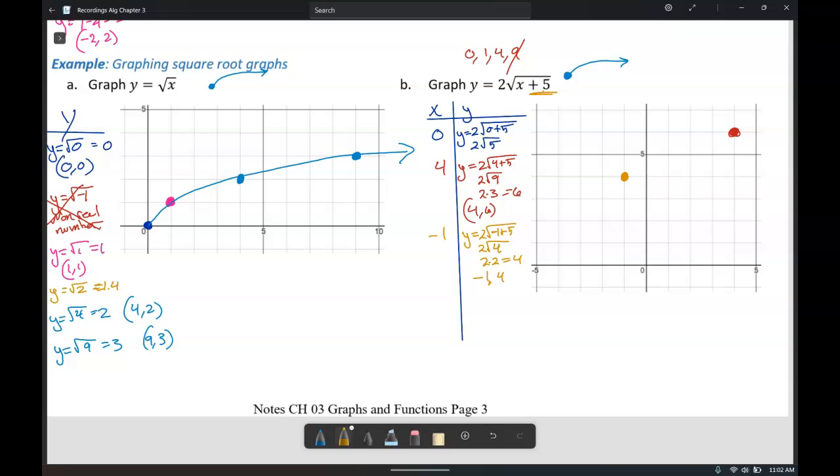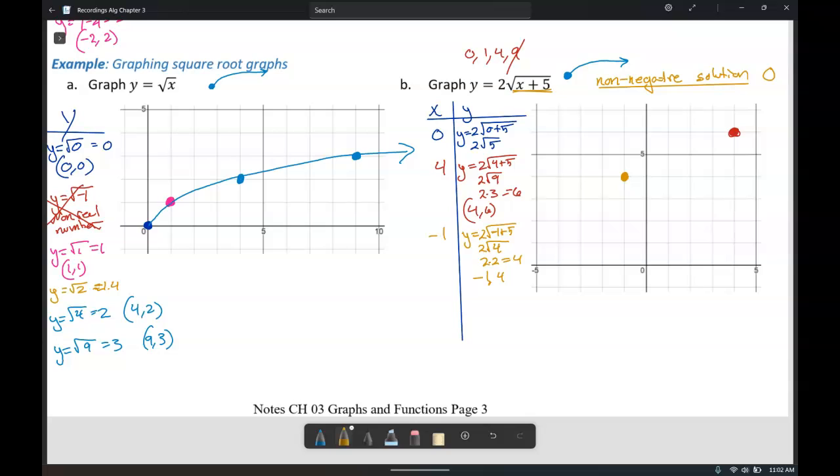And so if we think about that from the other perspective, what is the smallest number I can put in for x that will still give me a non-negative solution? And what that's going to be is what is going to give me a 0? What value of x can I plug in to give me a 0?